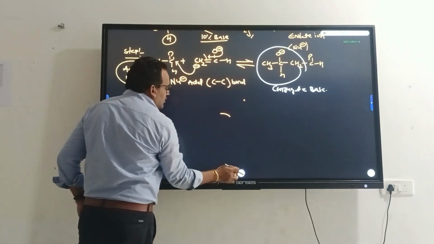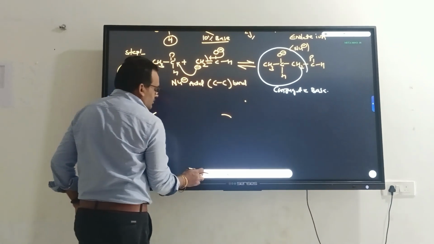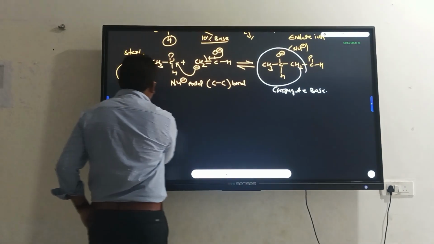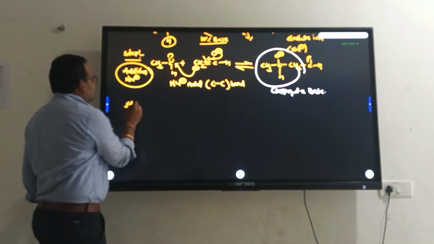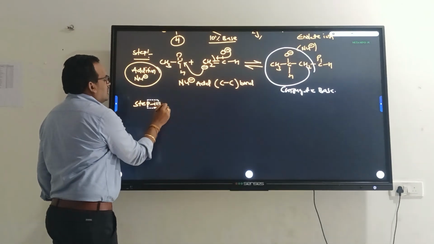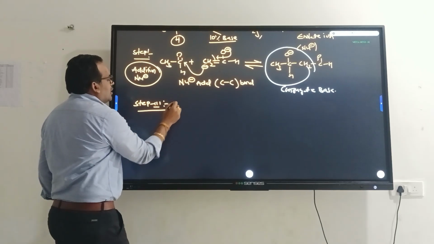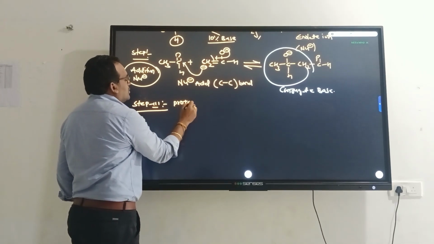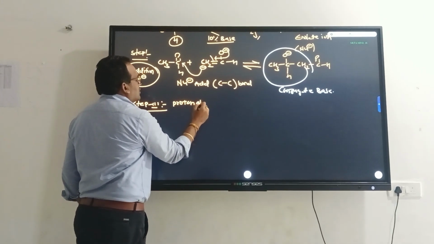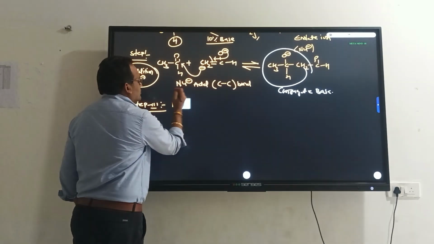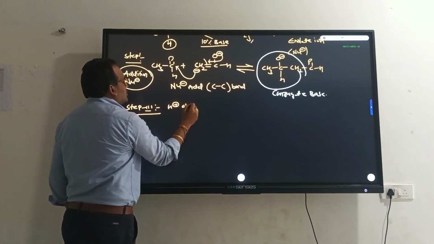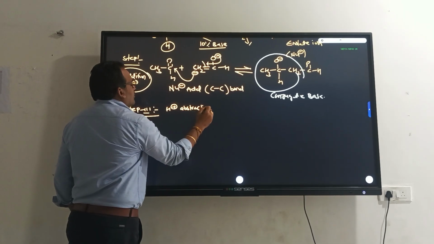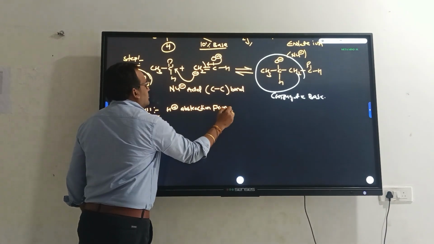So what will you get here? Step 3 is proton abstraction from the solvent.